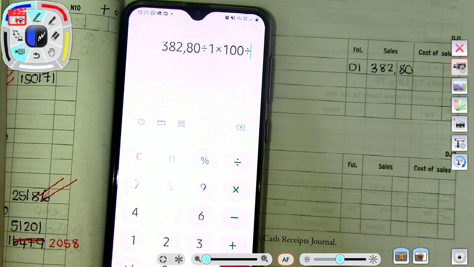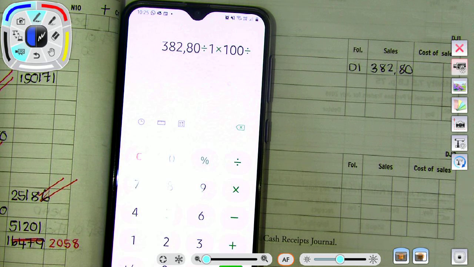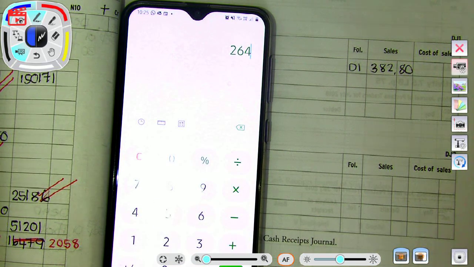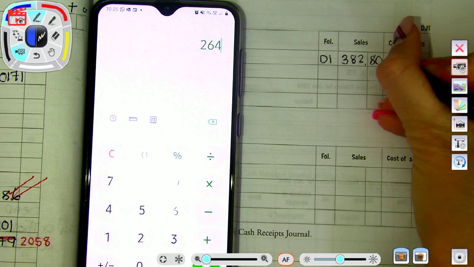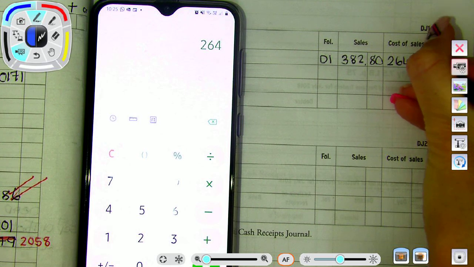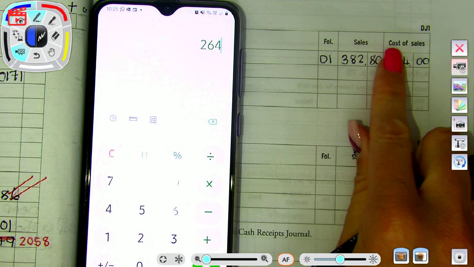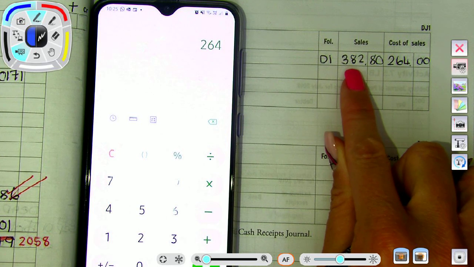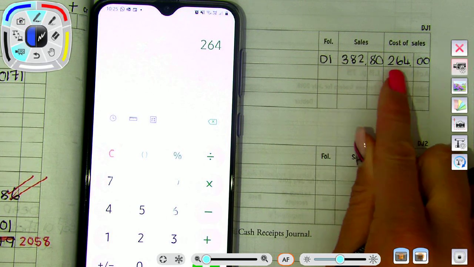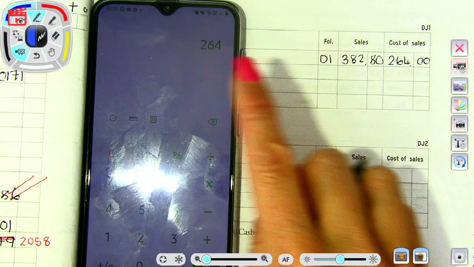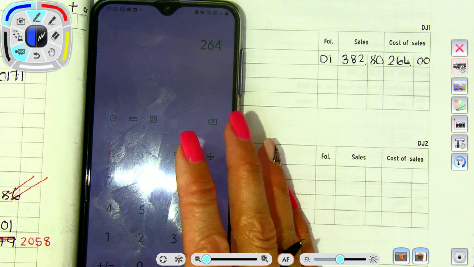So 382.80 divided by 1 times 100 divided by 145. And that gave me a cost of sales of 264. So remember, grade 9s, your cost of sales amount should always be smaller than your selling price. Because remember, you have to make a profit. You can't sell it for less than what you paid for it.